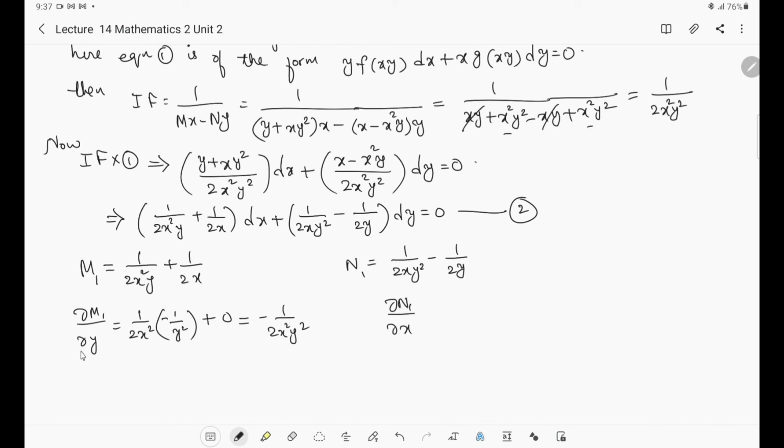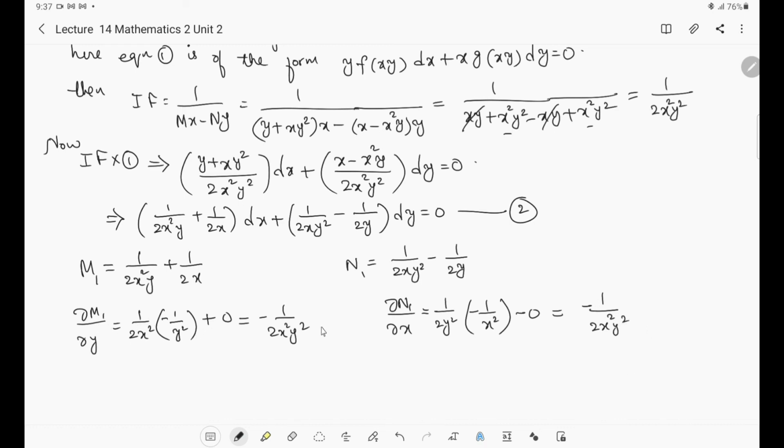This was dou m1 by dou y. Now dou n1 by dou x: 1 by 2y square as it is, differentiation of 1 by x is minus 1 by x square, and in minus 1 by 2y there is no x, so the derivative will be 0. Just simplify this: minus 1 by 2x square y square. Yes, we got the same.